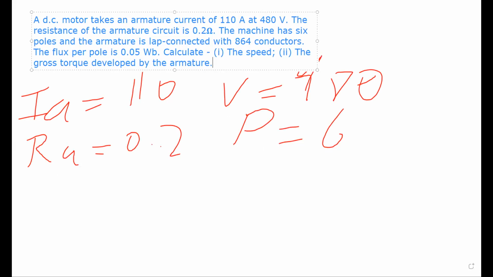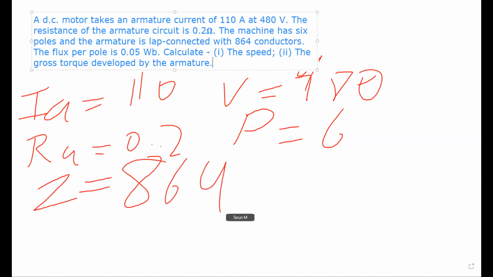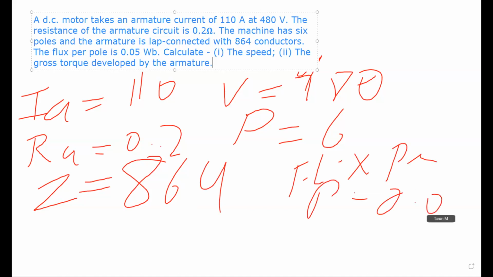Number of conductors 864. Then flux per pole 0.05.